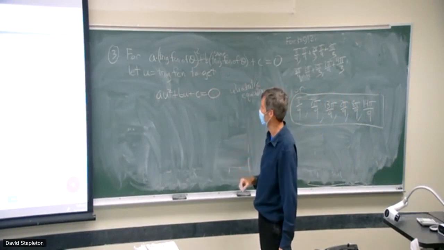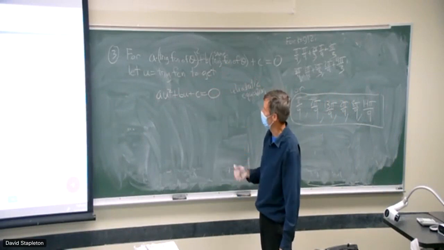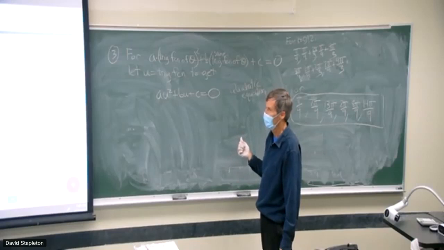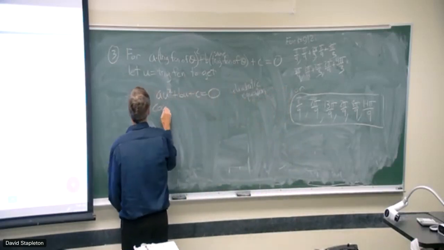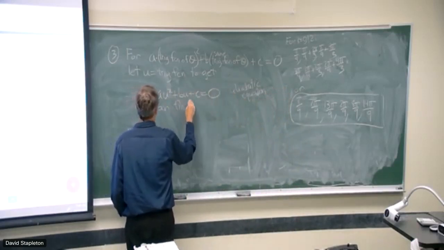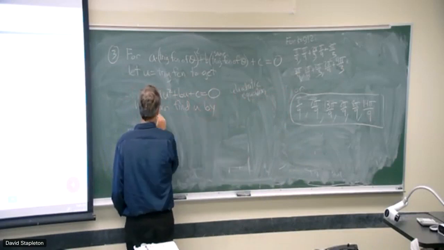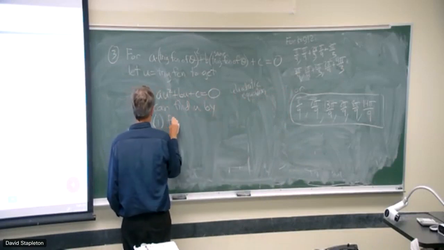Quadratic equation can be solved different ways. Number one way to solve a quadratic equation. We can find u. One way is to try factoring.